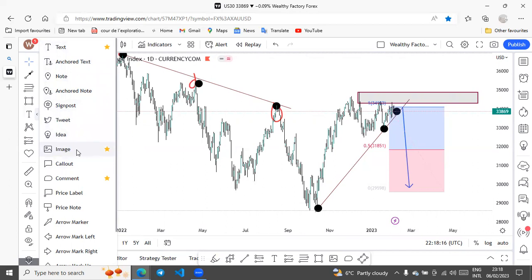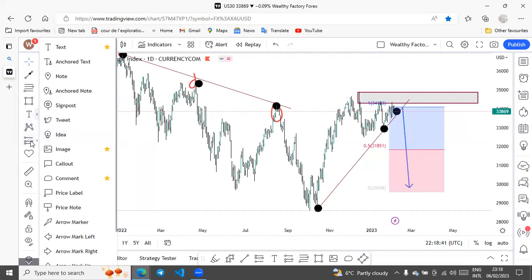Maybe you want to add your logo on TradingView. Then we have the comment, the price label, like you want to label a certain level of the price. Then we have an arrow. These are bigger ones. Then we have this one here.